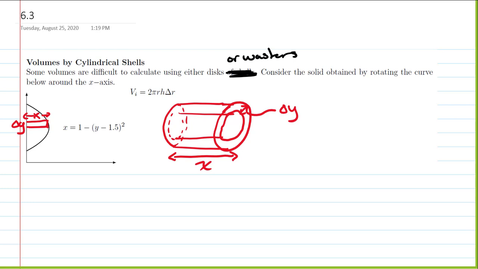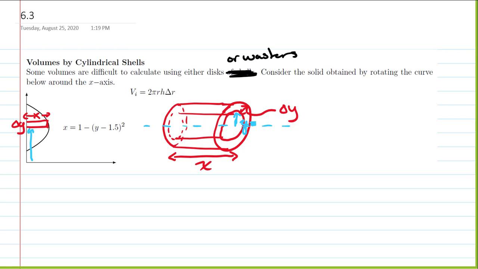Then we have our radius of this thing. If we were rotating about this axis, our radius would be the distance from here to here. So what coordinate would that be? Well, that would be in this direction. That would be our y value.